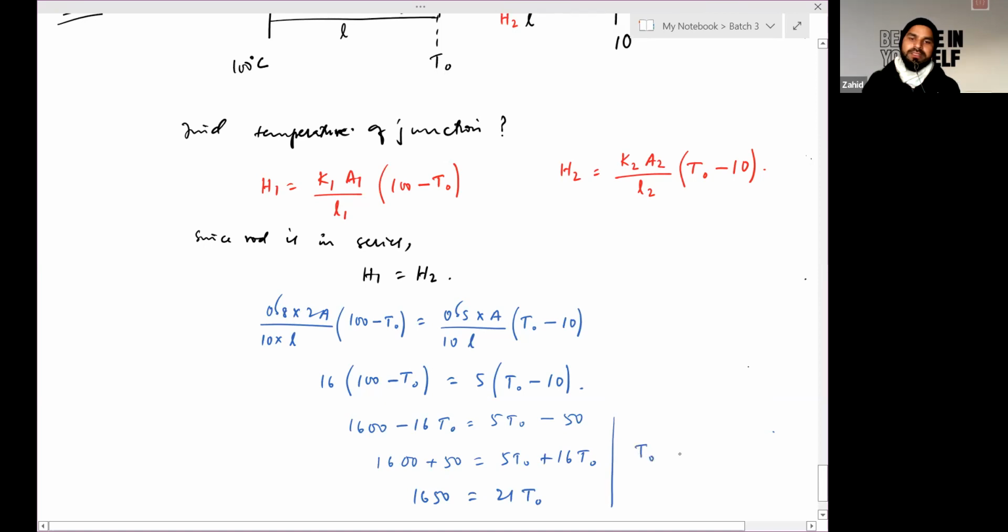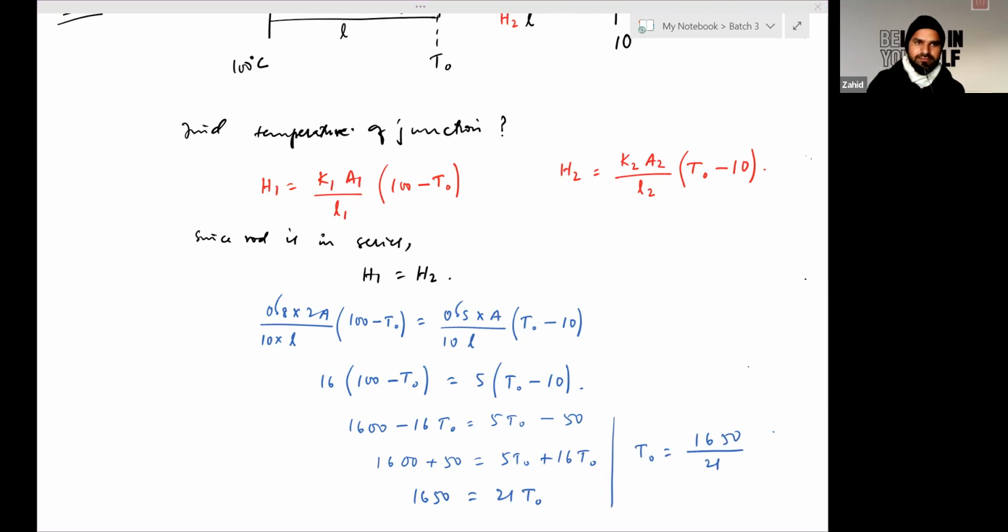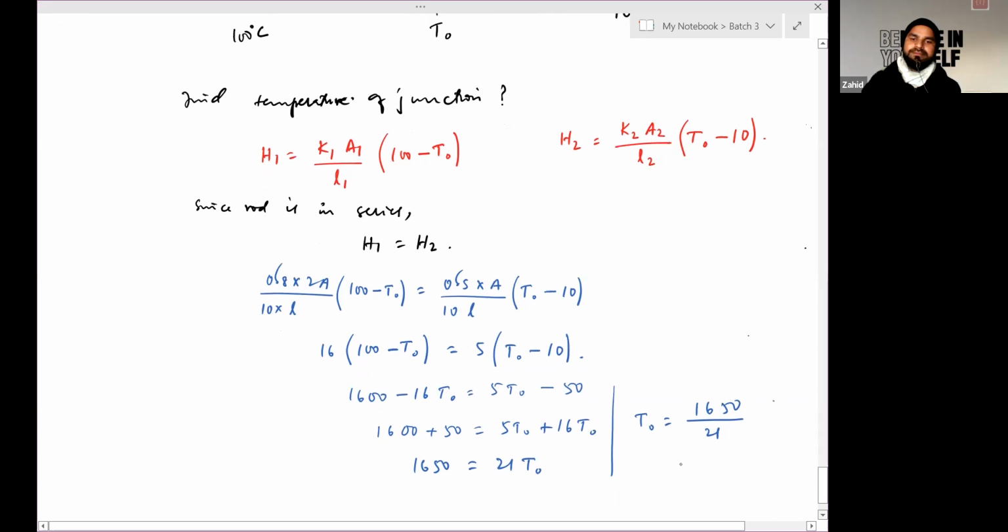So from this part, T naught will be 1650 divided by 21. On solving, you'll get 78.6 degrees Celsius.